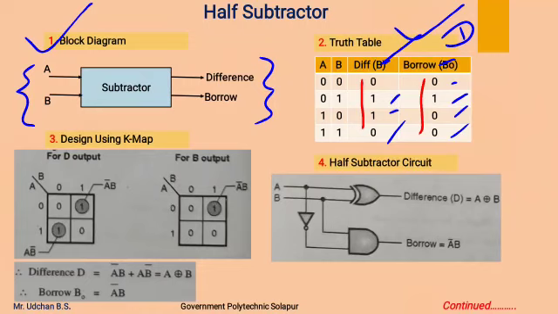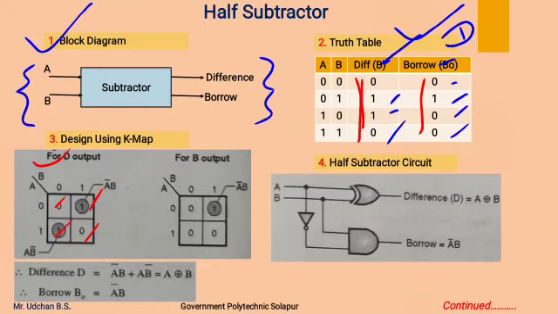As there are only two inputs, we are going to use a two input variable K-map to find out the equation of difference and borrow. For difference output, these are the entries into the K-map from this column.